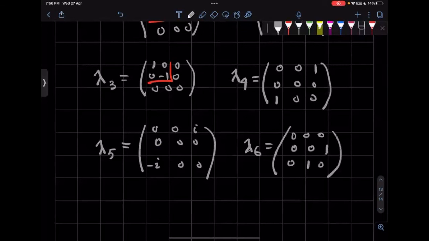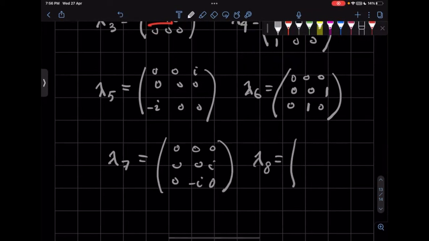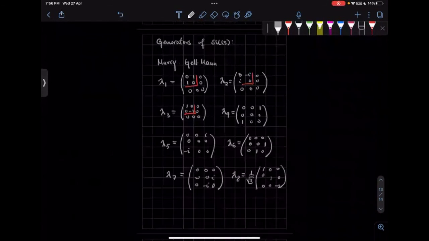Of course, lambda 7 would be easy to guess, just i and minus i. Lambda 8 is the other diagonal matrix. It has a weird normalization, and this is 1, 1, minus 2. Okay, so these are the famous Gell-Mann matrices.